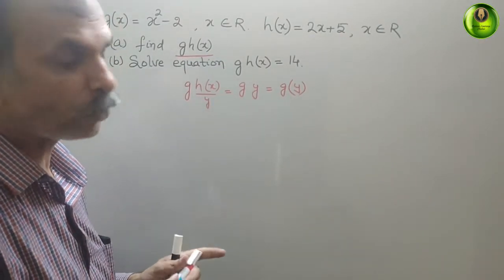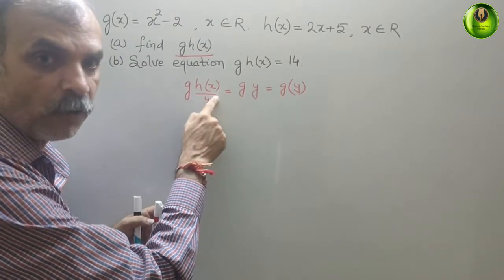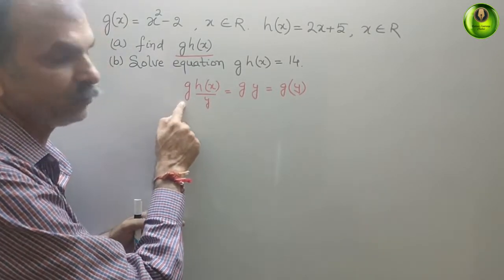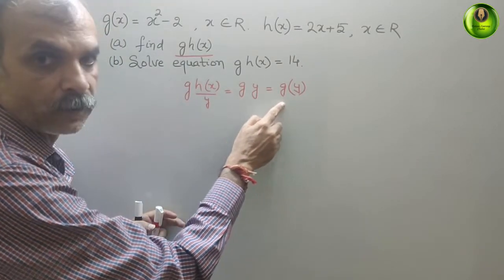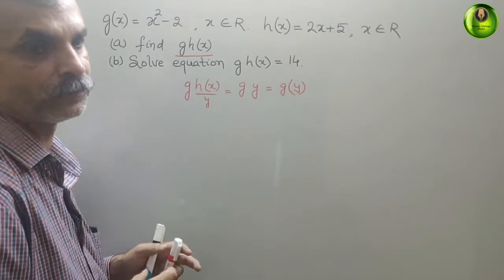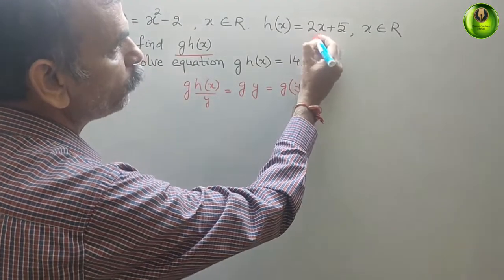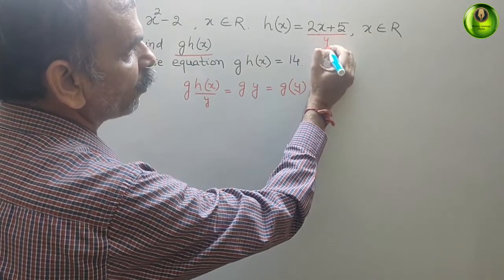For that, what do we have to do? We have to replace the value of h in g. That means this value you have to place here. This is your y now.